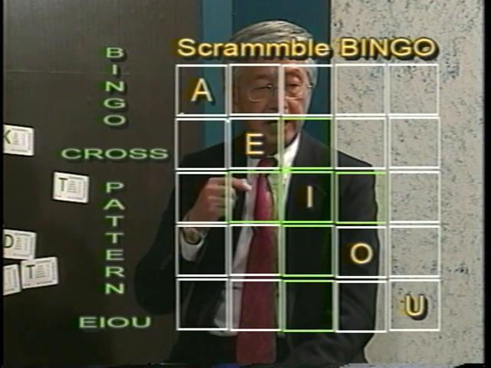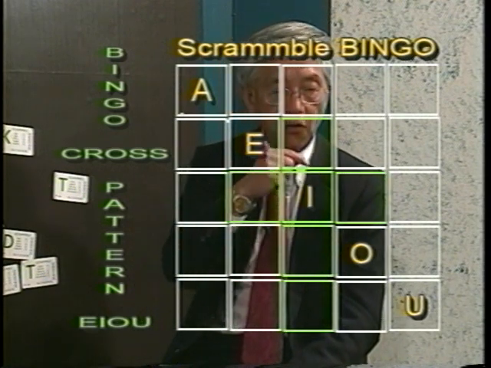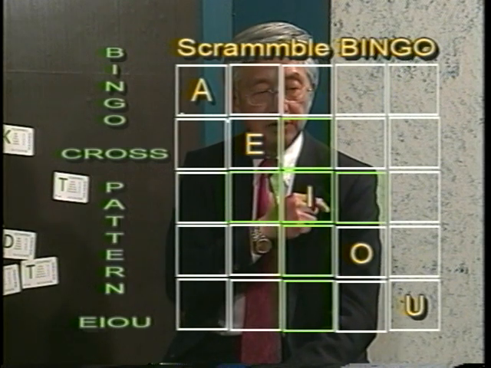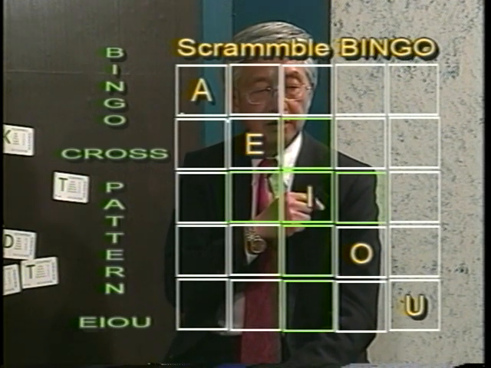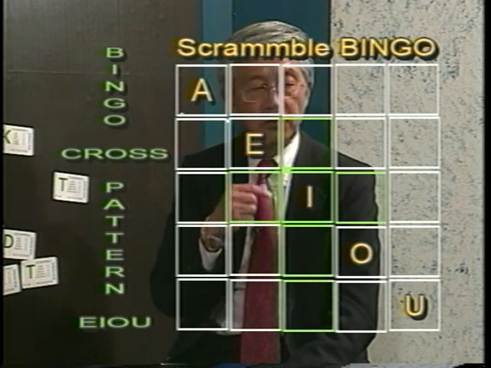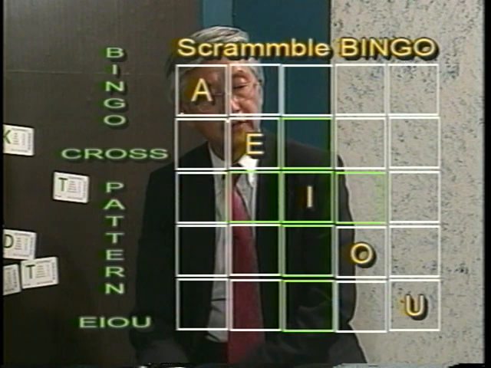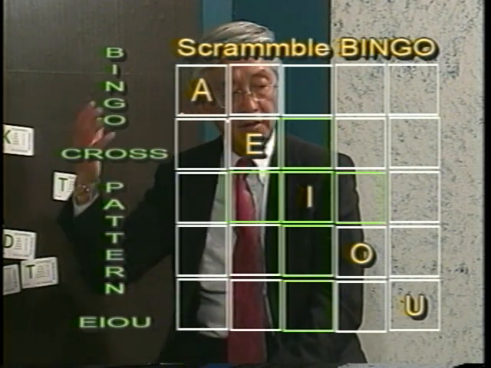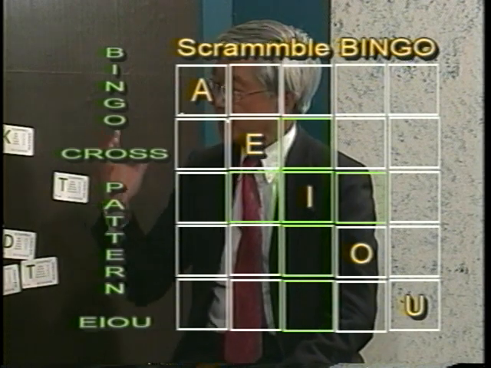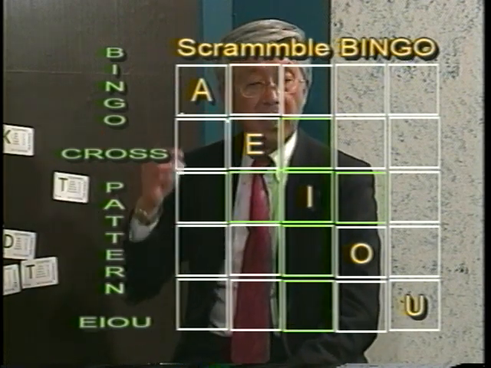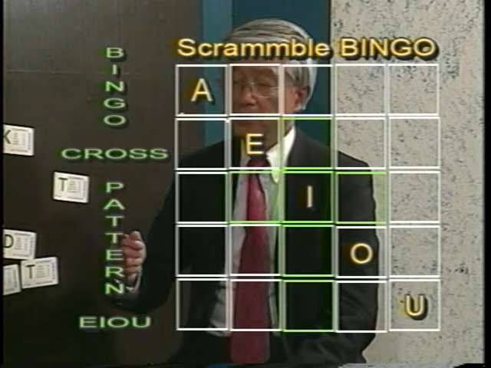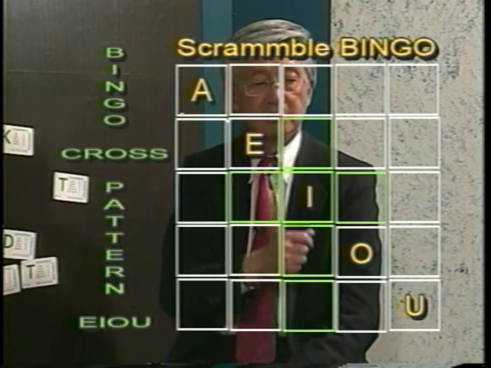Even though it's a smaller cross, 4 vertical and 3 horizontal, you realize it requires 4 vowels, E, I, O, U, all to come out before you can fill all the words. Therefore, you have to pay attention when the letters come up and whether you got E, I, O, U to be used in filling up the cross pattern.